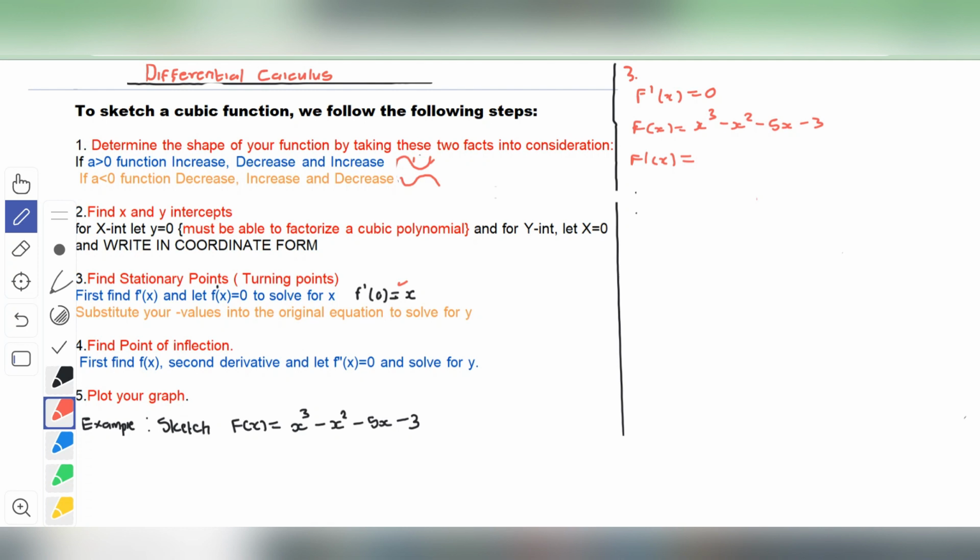If you don't know how to differentiate, there is a video whereby I explain how we differentiate. I'll leave a link in the description below so that you can go check it if you don't know how to derive. So we're going to have 3x squared minus 2x minus 5, right?